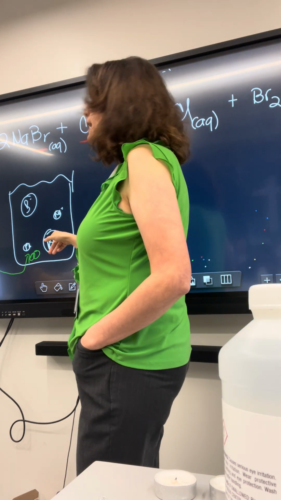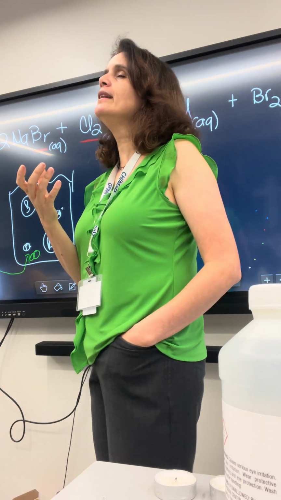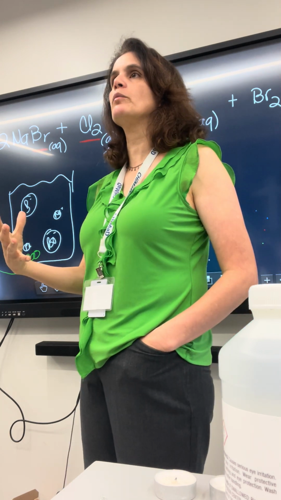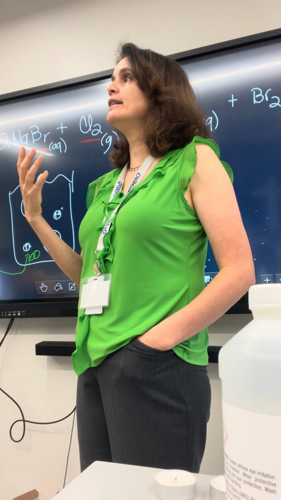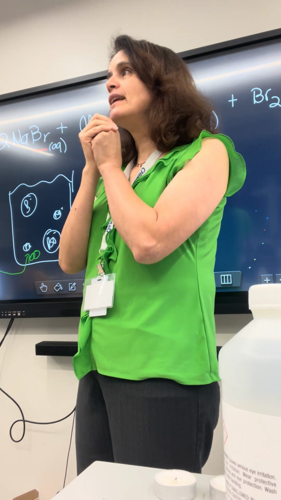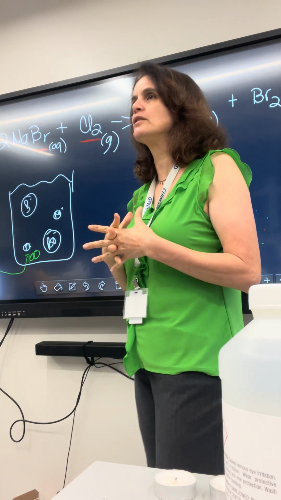This bromide is totally happy because it has stolen an electron when the chlorine wants it. You may think that chlorine, because it's diatomic, is more stable. No, ions are always more stable. Yes, you can never have bromine by itself, and when there are two, it's more stable. But there is nothing better than having a noble gas configuration. That's the most stable thing.